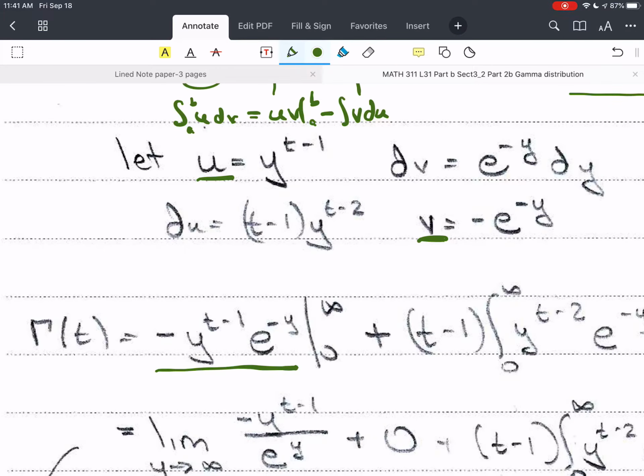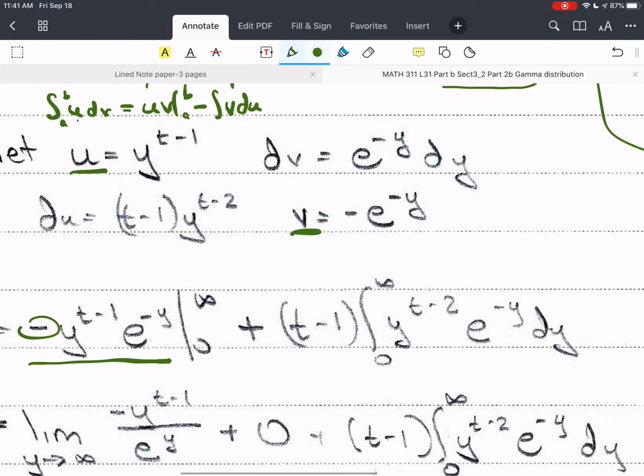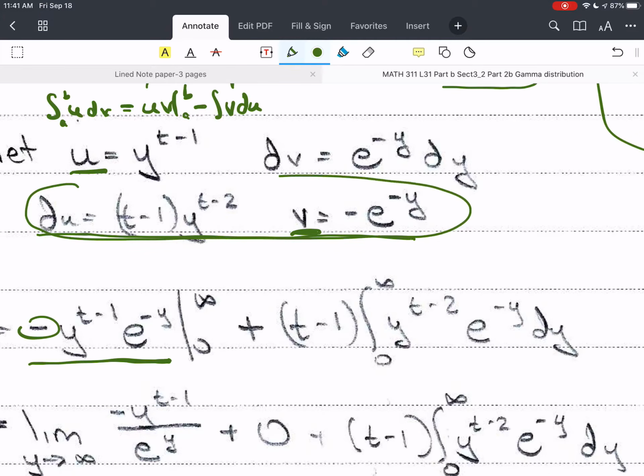And so this is a negative y to the t minus 1 e to the negative y from 0 to infinity plus, and now the reason I do it this way is I take these, and then I take what's on the bottom times each other, and then it's easy for me to remember.